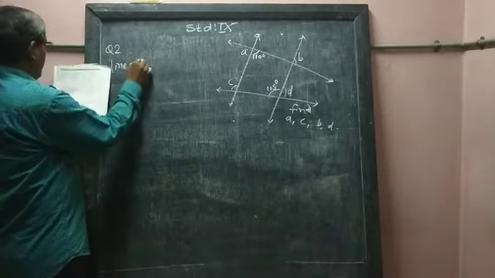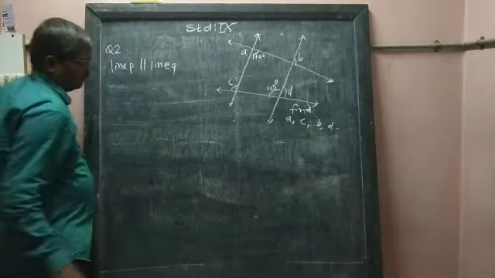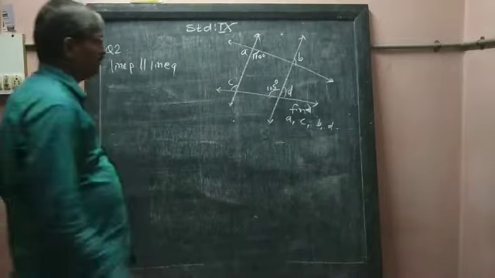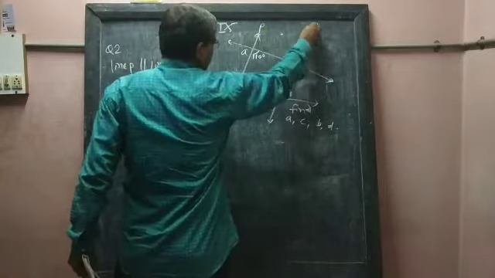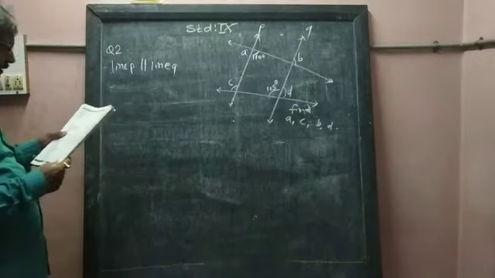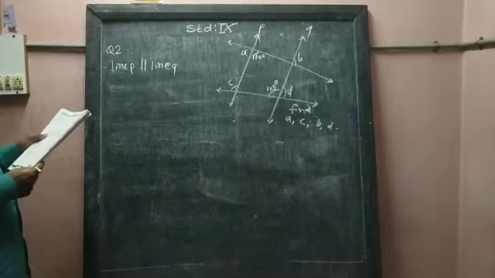Here line P is parallel to line Q. This is line P and this is line Q. Line P parallel to line Q, L and M are transversals.